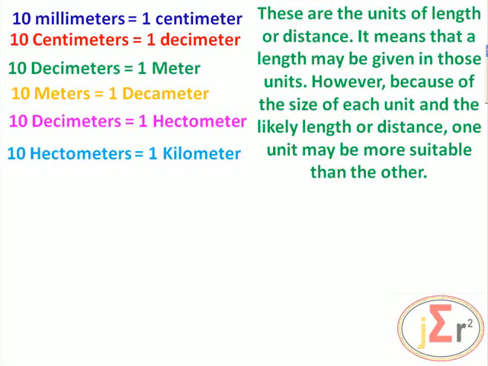For example, if I'm measuring a line in my exercise book, then I would prefer to measure that line in centimeters or maybe millimeters. If I'm measuring the distance from my building to the building across the street, I might want to measure that in meters.